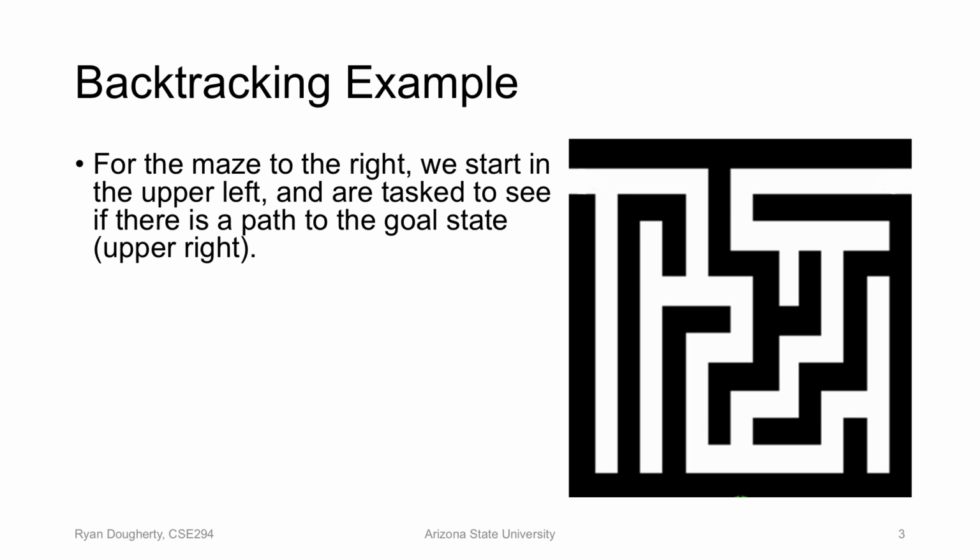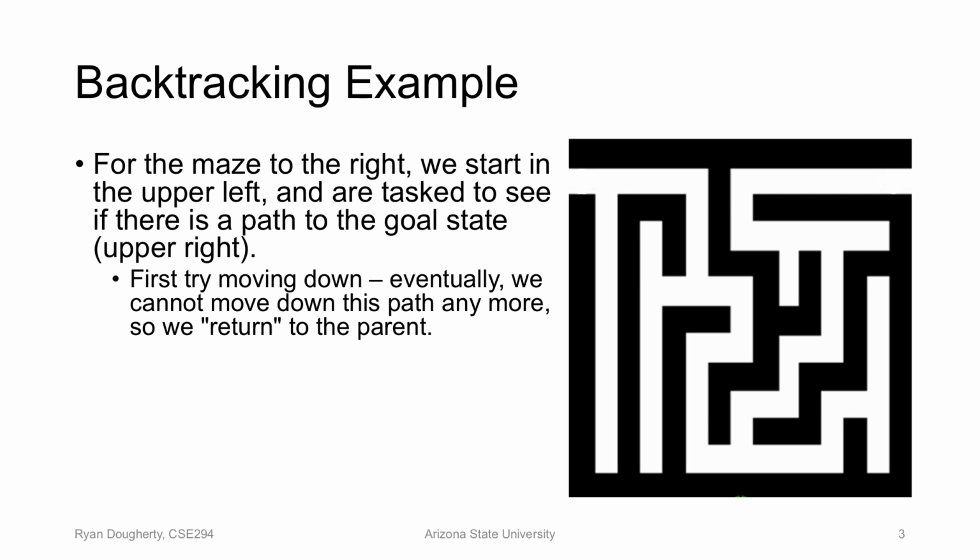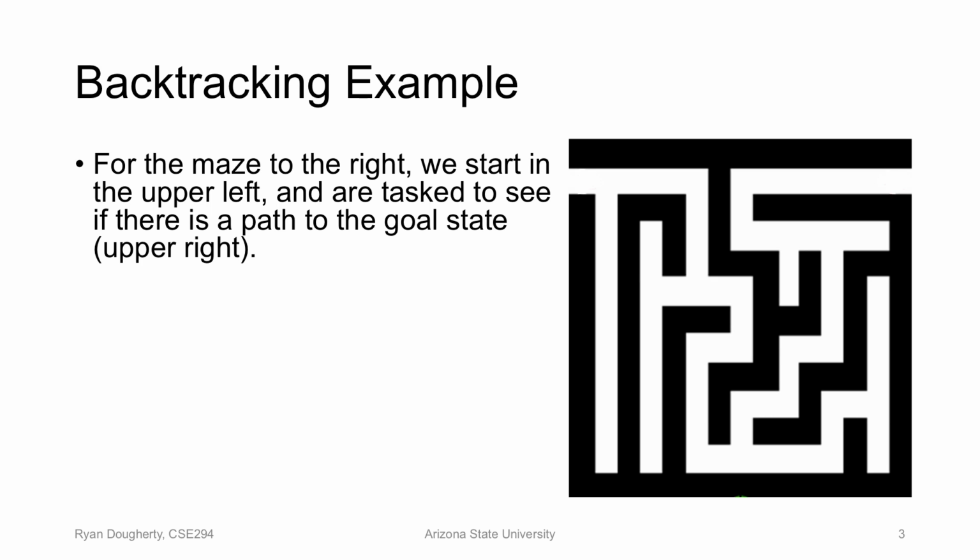So the start configuration for this problem is the start cell, right? And my next configuration is, what are my possible moves from that start cell? Well, the only one is to move right one cell to the second cell. So there's only one possibility, so I do that and then I recurse on that.